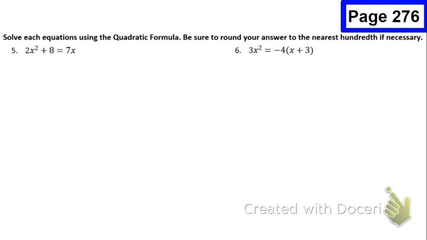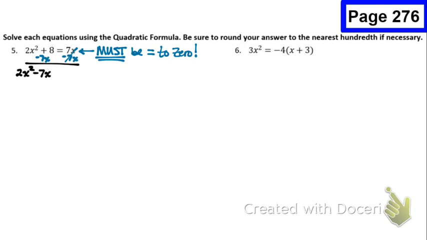Has to be set equal to 0. How do I get it equal to 0? How do I get it to the other side? How would I make it cancel on the right? Minus 7x. Will that combine with anything that's over on the left? No. 2x squared minus 7x plus 8.